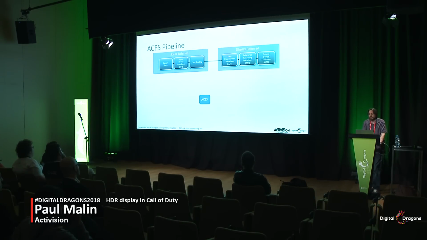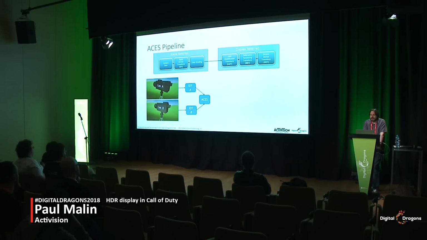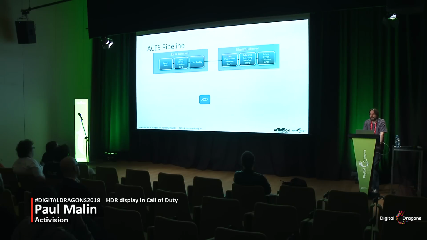The ACES pipeline has a number of stages intended to solve various problems. Input device transforms, or IDTs, can be provided for specific models of camera to transform images into a common color space for consistency. There are color spaces for color grading, which have a high dynamic range and a wide color gamut. And the pipeline defines stages for processing and displaying output.